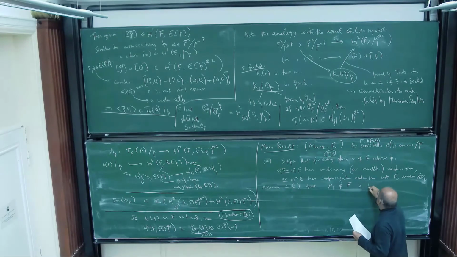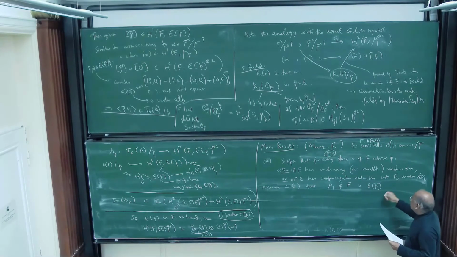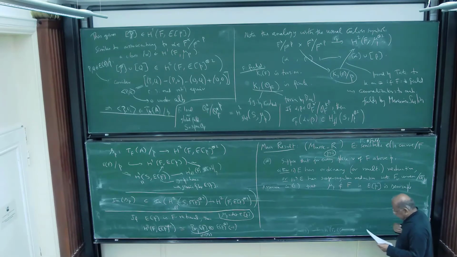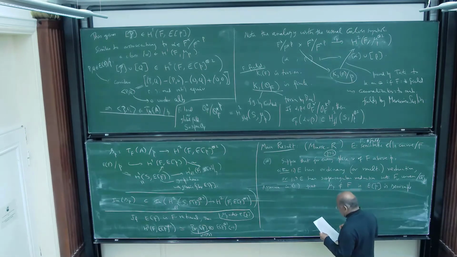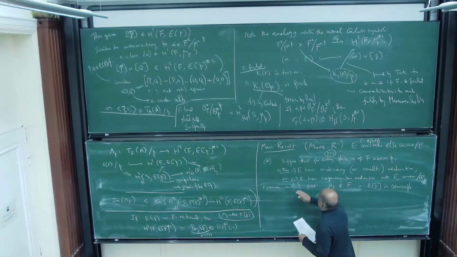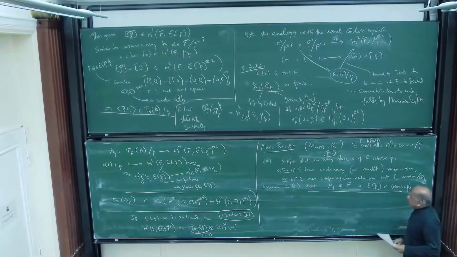If E[P], it makes a big difference whether this is a finite Galois module, whether it's semi-simple or not. So in 1, assume that E[P] is not in F, E[P] is semi-simple.